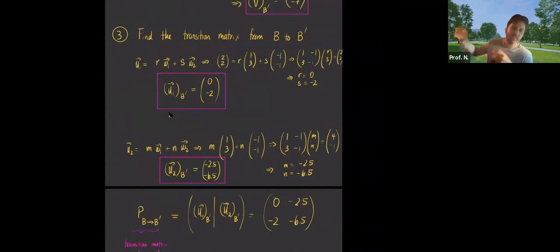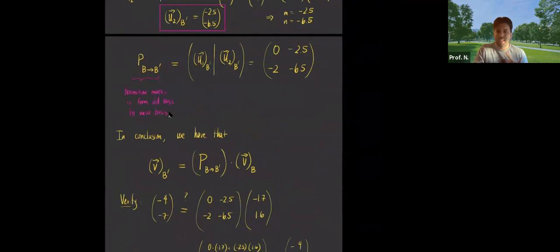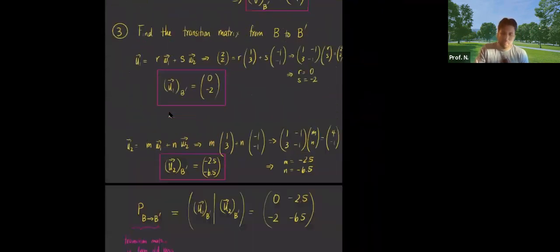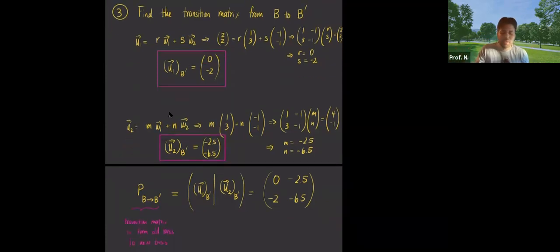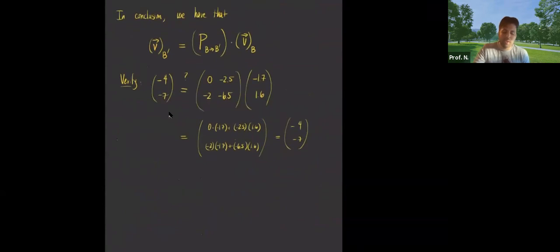If I have 10 basis vectors, I have to do it 10 times. So that becomes computationally intensive, and I have to find the solutions to the matrix equations more and more as the number of basis elements gets bigger and bigger. So there has to be a better way of computing the transition matrix. So what is that way?